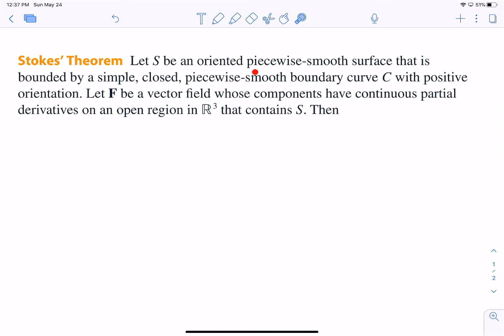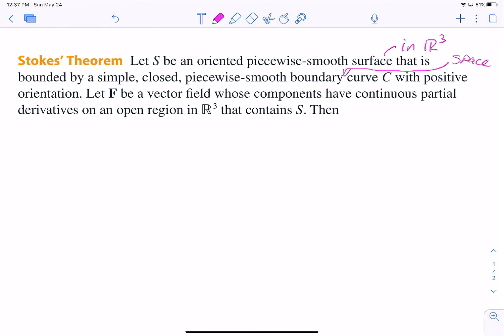Let S be an oriented, piecewise smooth surface, and right now I'm going to say that surface is in R3, that is bounded by a simple closed piecewise smooth boundary curve C, but that boundary curve is actually a space curve. C has a positive orientation.